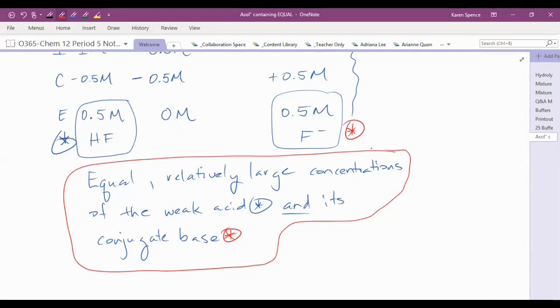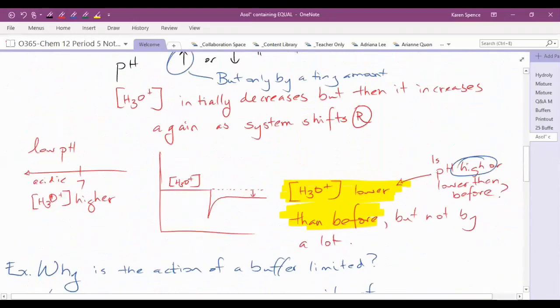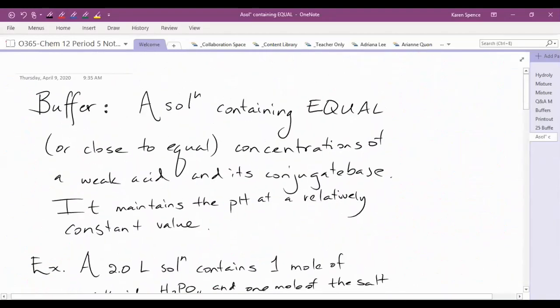Because if you go back to our original definition there at the top, where did it go? Oh, a solution containing equal or close to equal concentrations of a weak acid and its conjugate base. Oh, look at that.